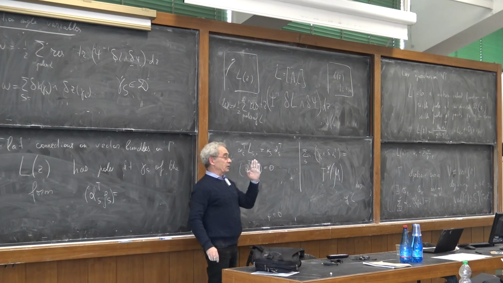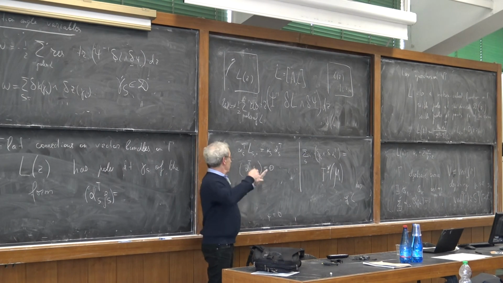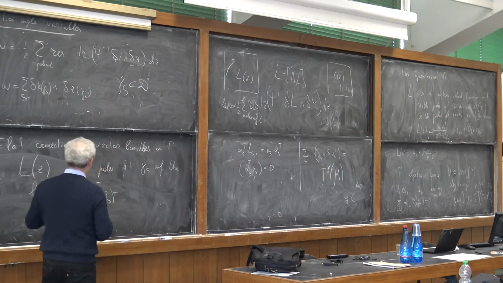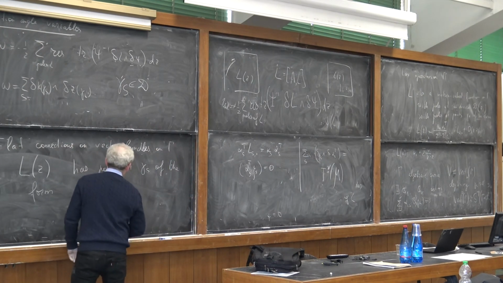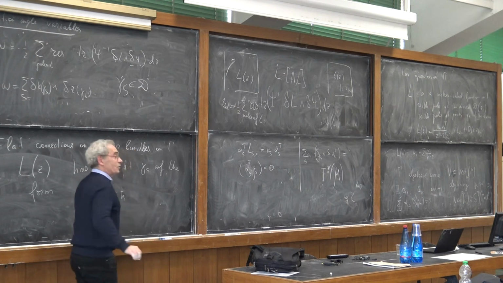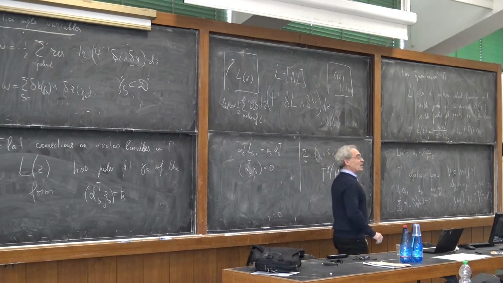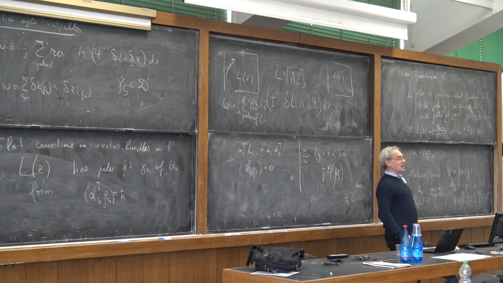So alpha is a point of the sphere, and an orthogonal vector is a tangent vector. So the only difference when you're dealing with a connection is here. Should I put h? So this is an h connection. So connections is h equals 1. When h tends to 0, it becomes a Hitchin system.